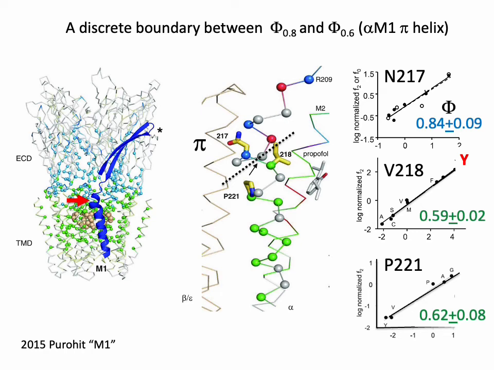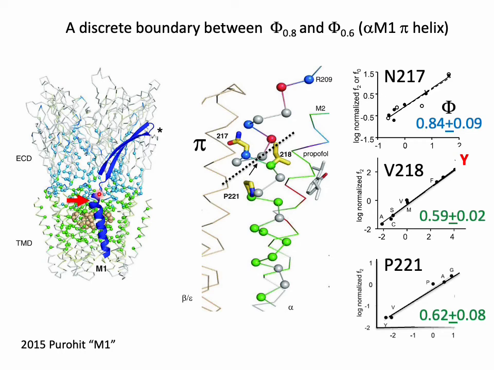And I'm showing you a very discrete boundary in the alpha 1 helix at a pi helix in the alpha M1 transmembrane helix. So that's shown here by this arrow here. These 2 blue beta strands are beta strands 9 and 10, with the neurotransmitter binding site being up above.